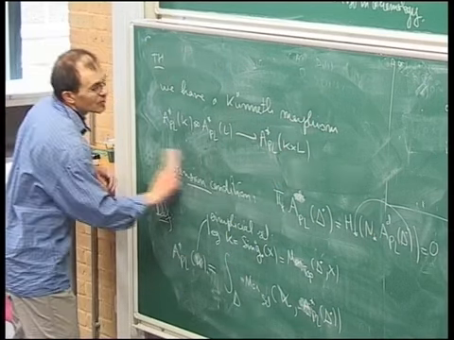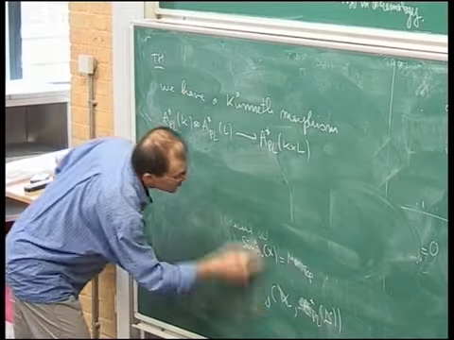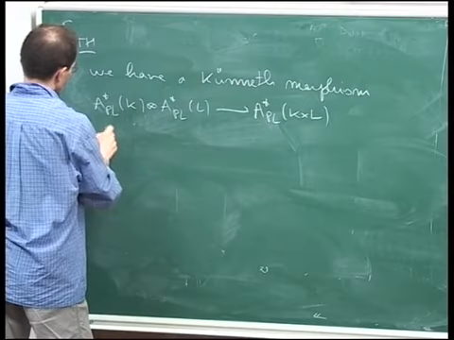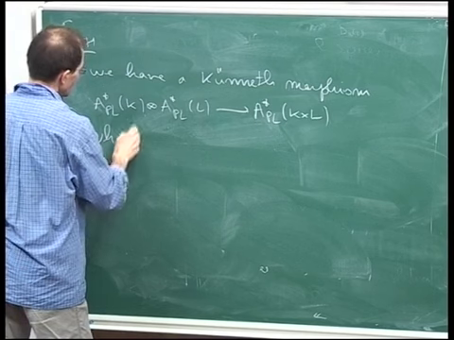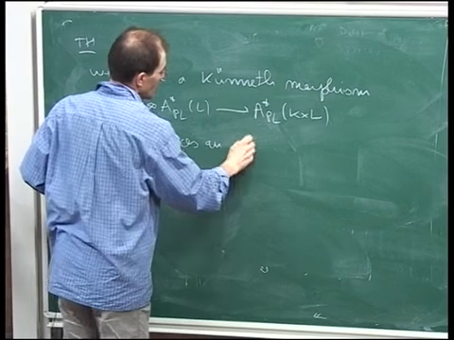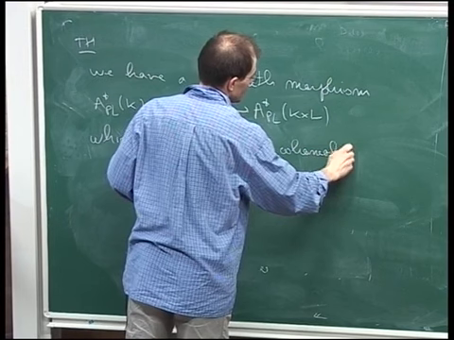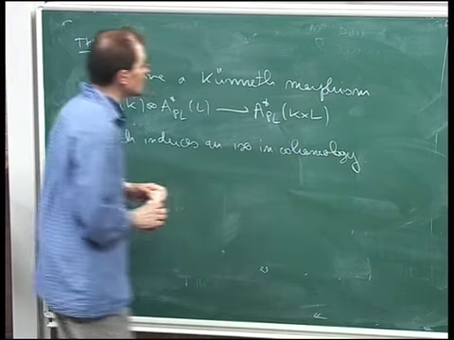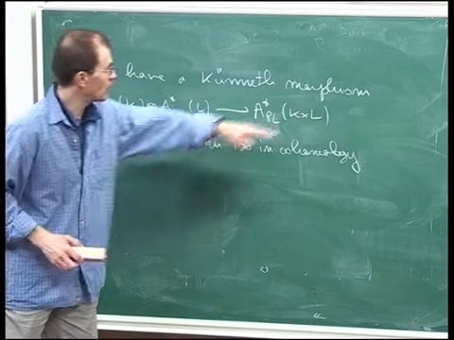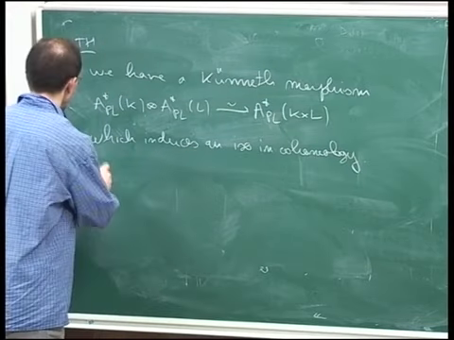And this map is a quasi-isomorphism, a weak equivalence of DG algebras, which induces an isomorphism in cohomology. You can see that it relies on the classical Künneth isomorphism in cohomology.